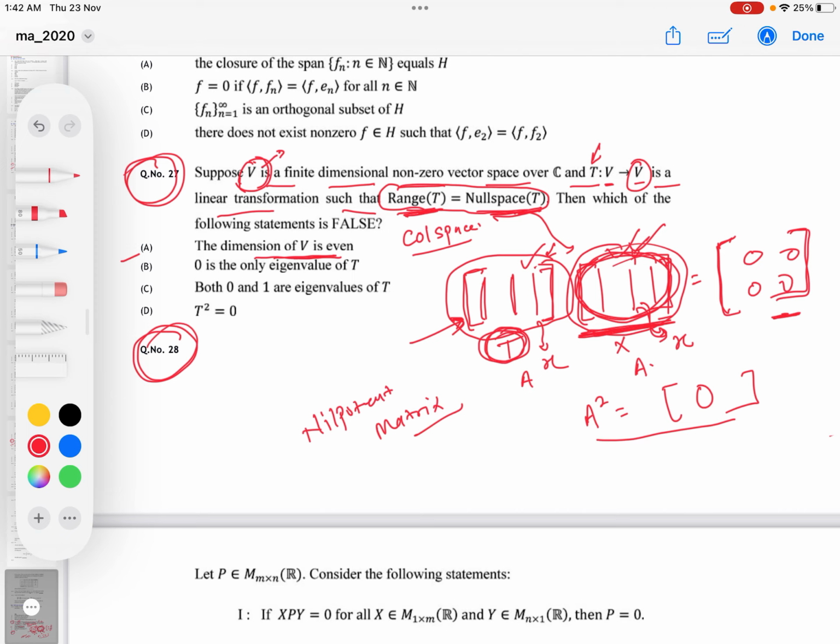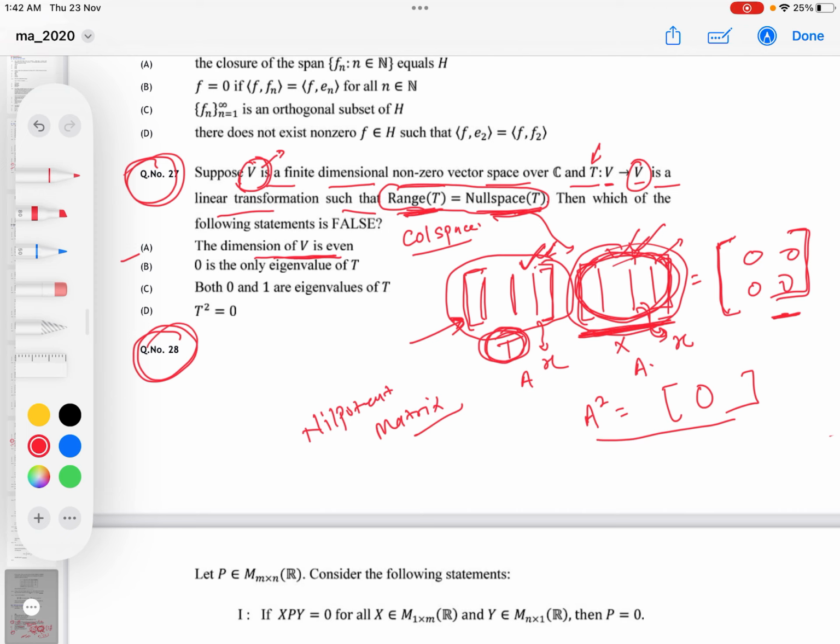So this one is your column space, right? If you have n columns, then the dimension of the null space will be n minus r.